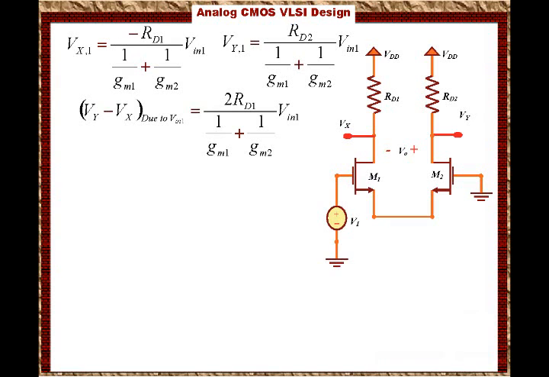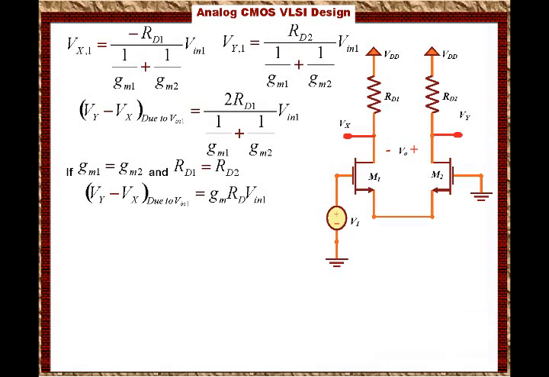And we know that Gm1 equals Gm2 and Rd1 equals Rd2, then we can say that Vy minus Vx due to Vn1 is basically Gm times Rd times Vn1. And by similar analysis, we can say that Vy minus Vx due to Vn2 is basically minus Gm Rd times Vn2.